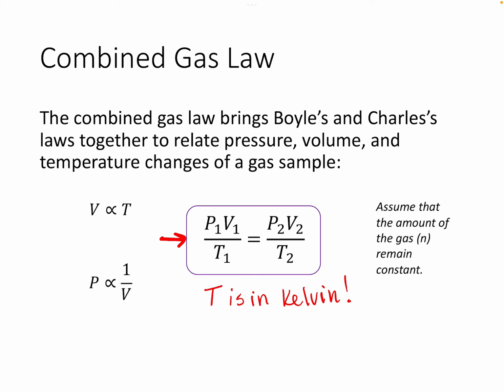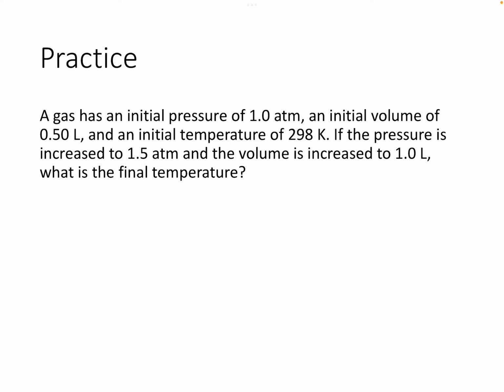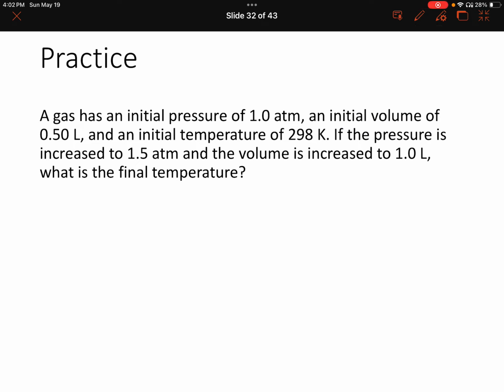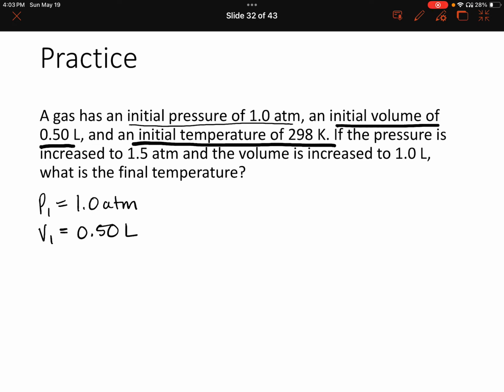So let's practice using this law. Let's say that a gas has an initial pressure, P1, equal to 1 atmosphere. So that's our first data point there. And it has an initial volume, V1, of 0.5 liters, and then an initial temperature of 298 Kelvin.